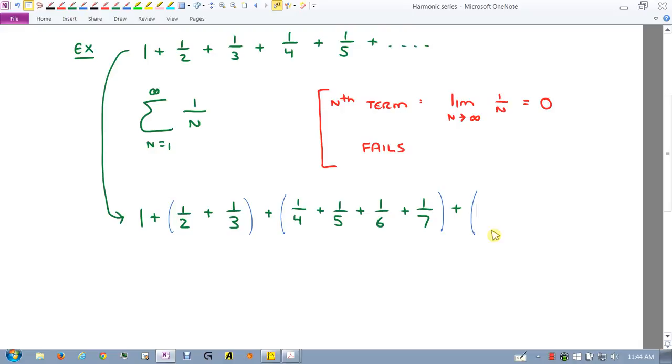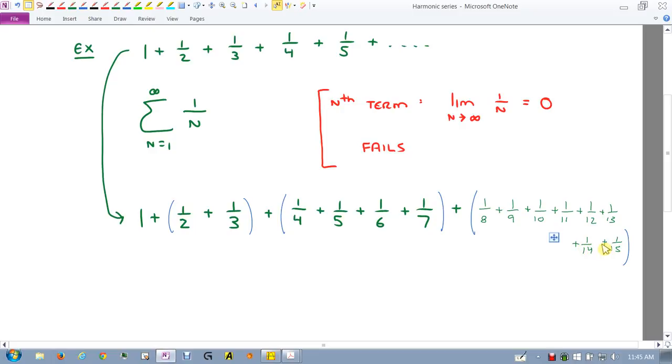So I'm going to take the next 8 and clump them together, which would be 1/8 plus 1/9 plus 1/10 plus 1/11 plus 1/12 plus 1/13 plus 1/14. Where am I? 1, 2, 3, 4, 5, 6, 7. One more. Okay, and then this thing keeps going. What would I clump together in the next one? What do you think? The next 16.